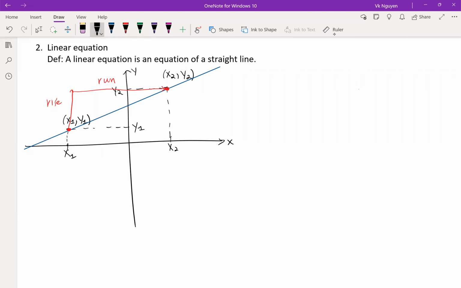Slope measures the steepness of the line. Slope is commonly written as m. Rise is the change in y, y2 minus y1. Run is the change in x, x2 minus x1.